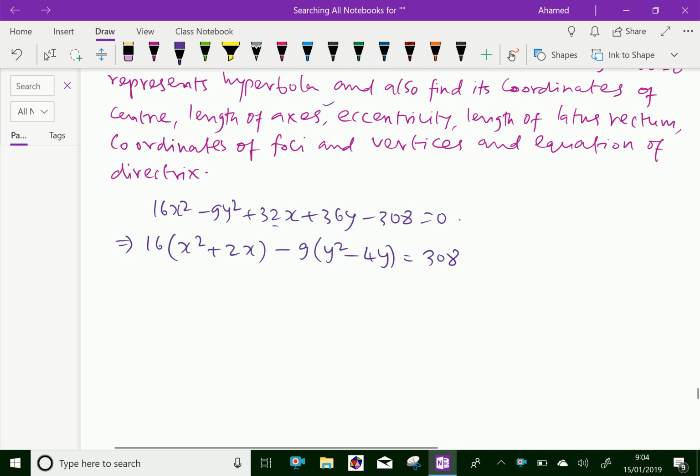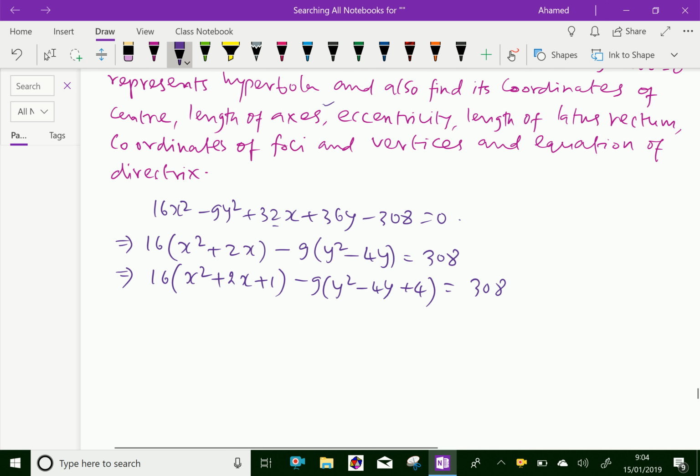Now we'll do completing the square. 16 x square plus 2x, 2 divided by 2 is 1, that is 1 square is 1, adding 1 for x terms, and y square minus 4y, adding 4 because 4 divided by 2 is 2, 2 square is 4, equal 308.